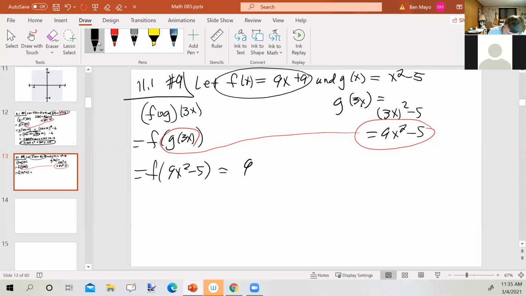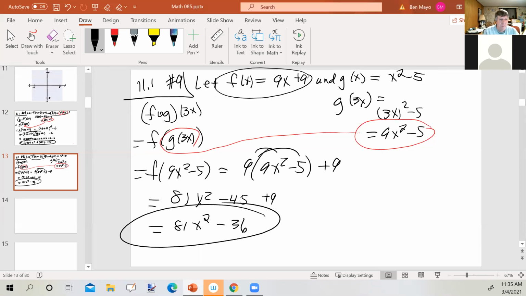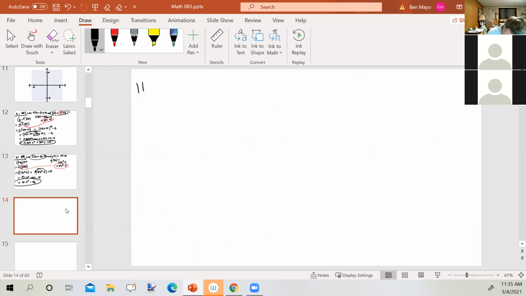So that's equal to 9 times the quantity 9x squared minus 5 plus 9, which is 81x squared minus 45 plus 9, or 81x squared minus 36. So there's that situation. We good to go with that? Yes. All right. And finally, here comes 11.1 number 16.